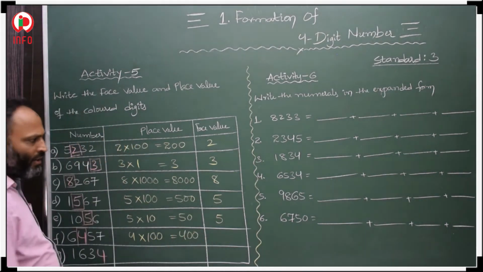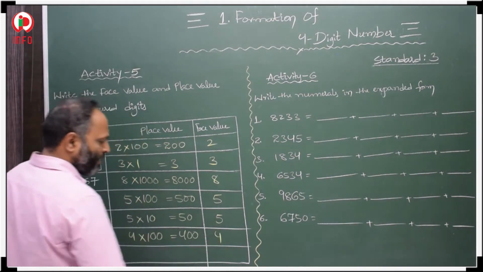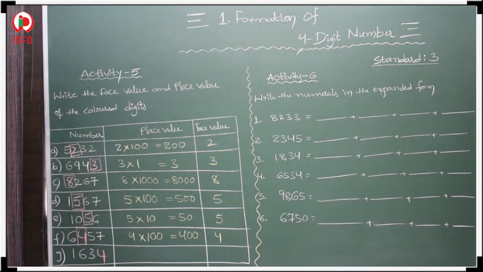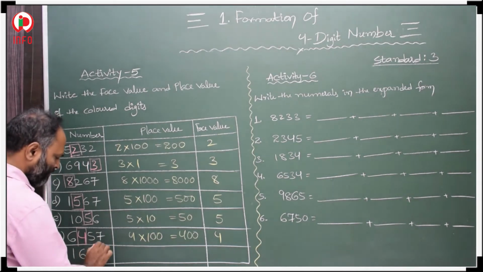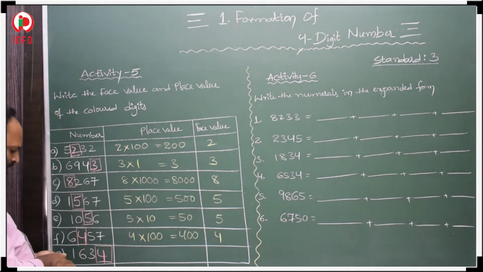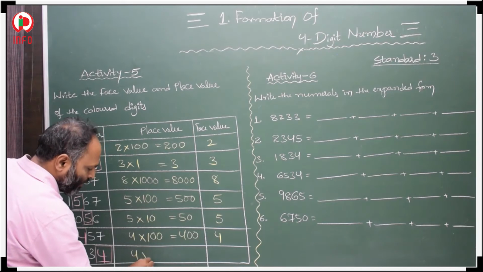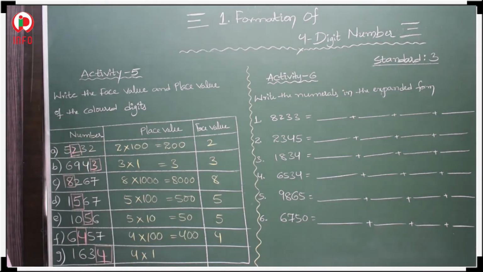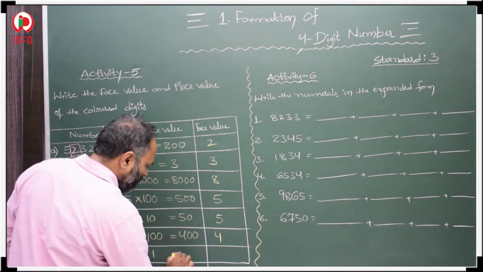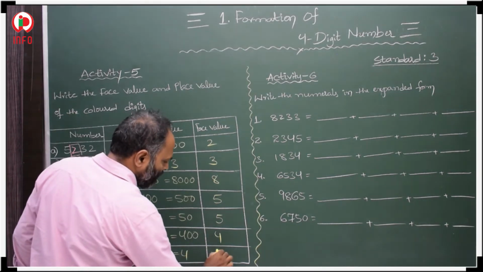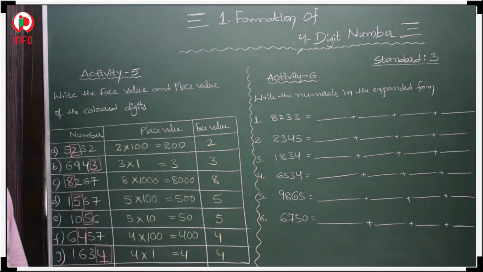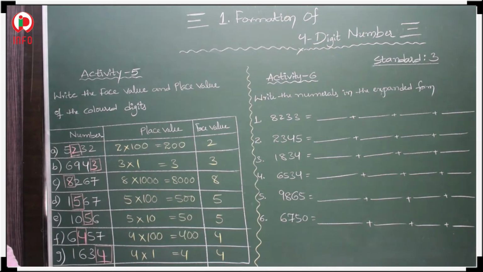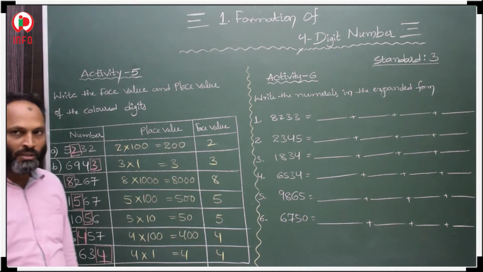This is the place value, and the face value is 4. Next, again the color digit is 4. 4 is in the ones place. Multiply with 1. 4 ones are 4. And here also the face value is 4. This is the place value and face value of our numbers.